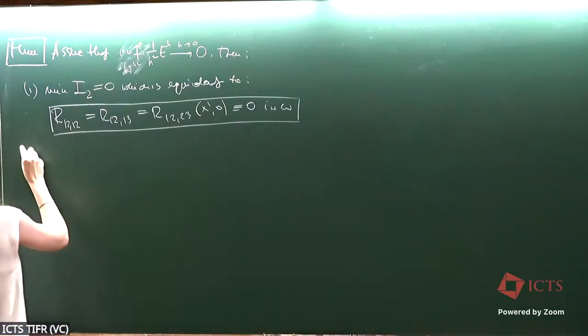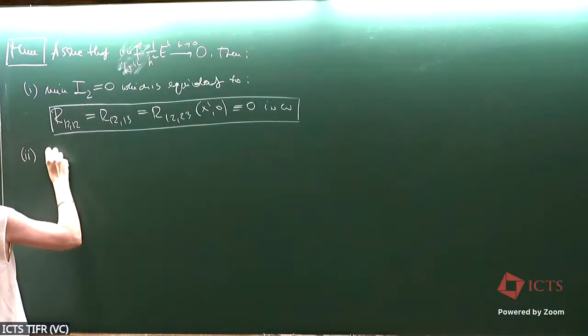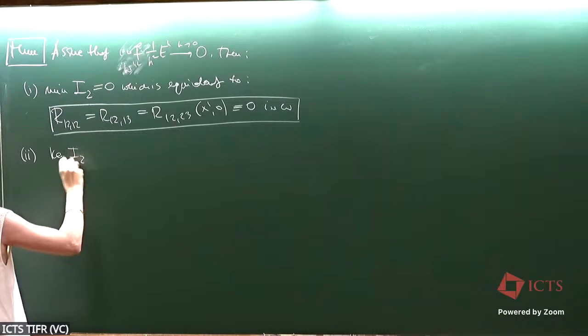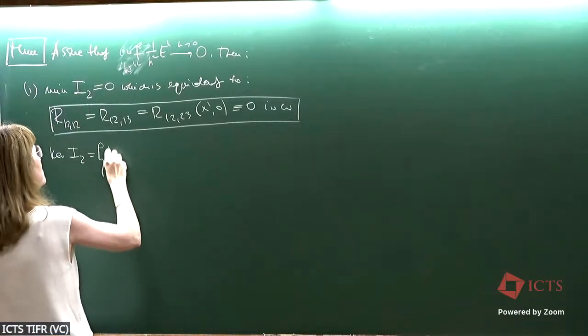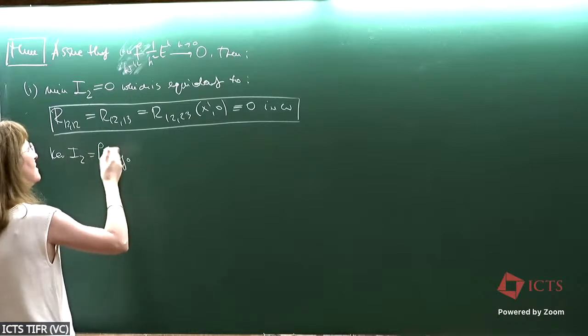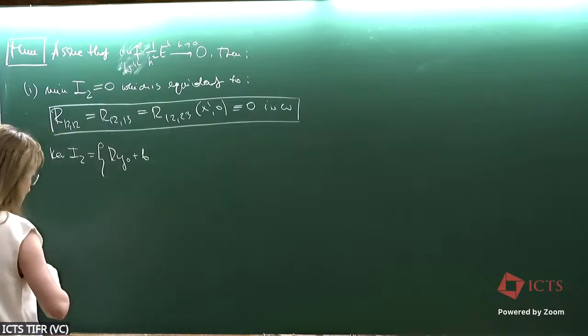And then statement 2 was that the kernel of I2, because I know that it minimizes to 0, consisted of rigid motions of just one isometric immersion.